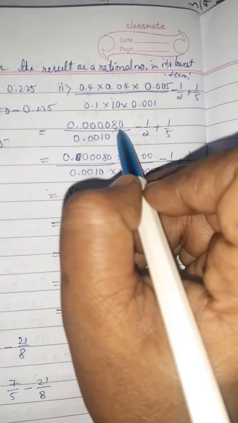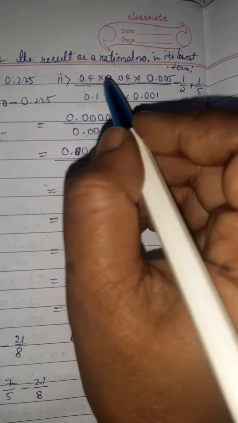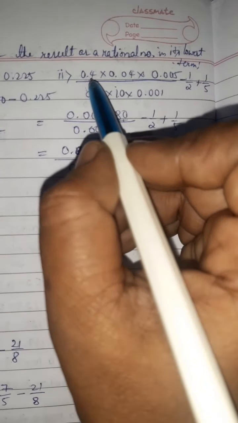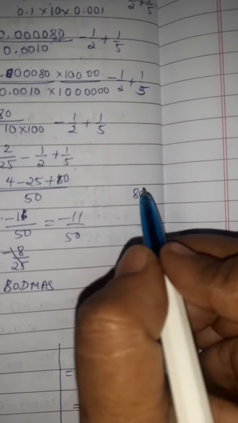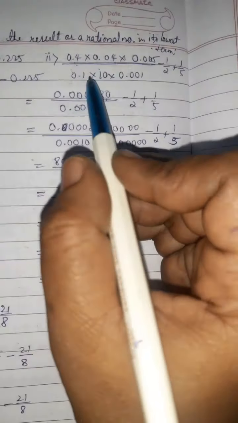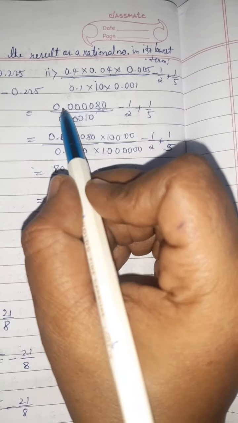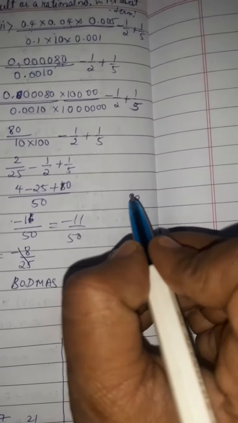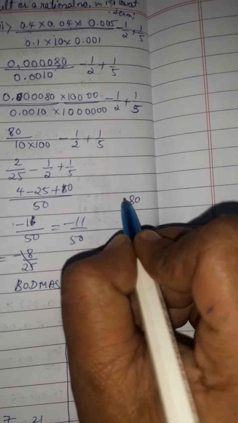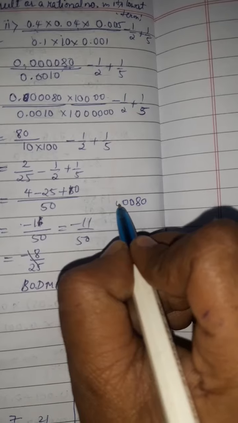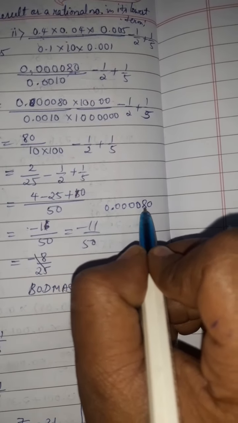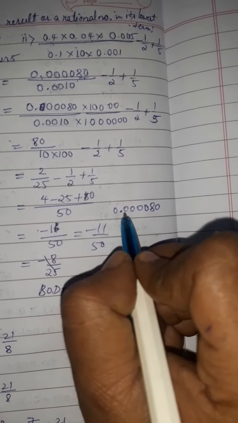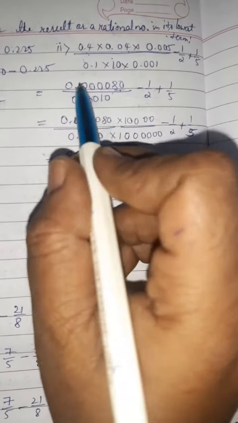This 80 we write, children, and count the digits after the decimal point: 1 2 3 4 5 6. Here the answer is 80, but in the answer we should have 6 digits after the point. So how to write, children? We have already 2 digits, 3 4 5 6. So before the 6th digit we are going to keep a point.